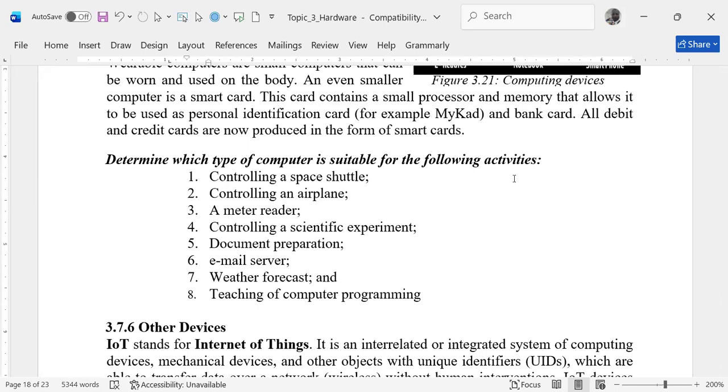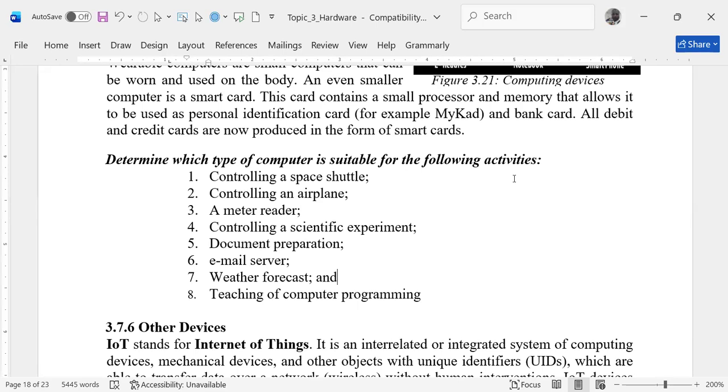We have different categories or classes of computing. We have super, mainframe, mini, micro, computing device.